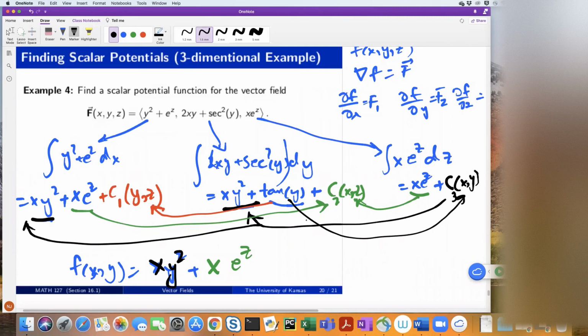So that's okay too. The term just didn't show up in here or here, it showed up as a constant. So I'm writing it as tan of y plus c. And so this is the scalar potential.